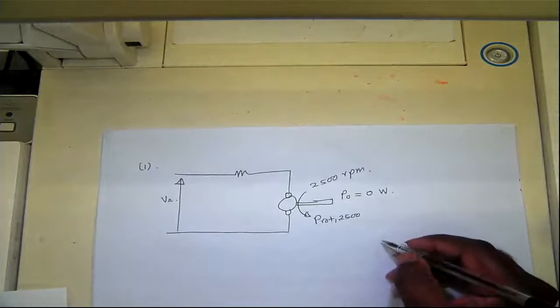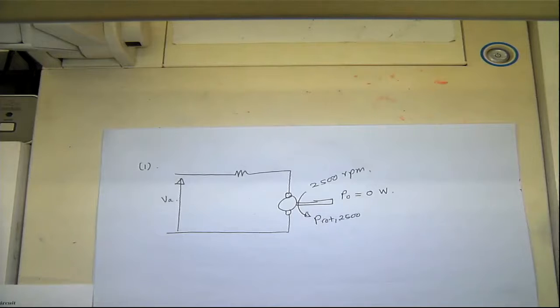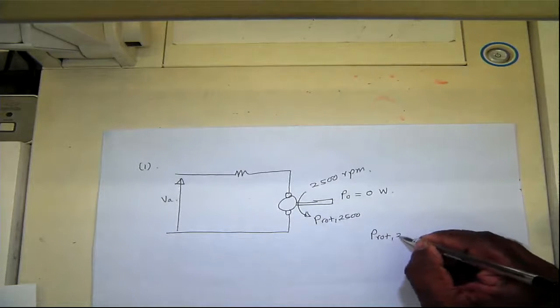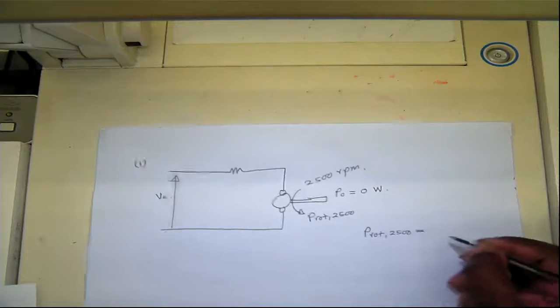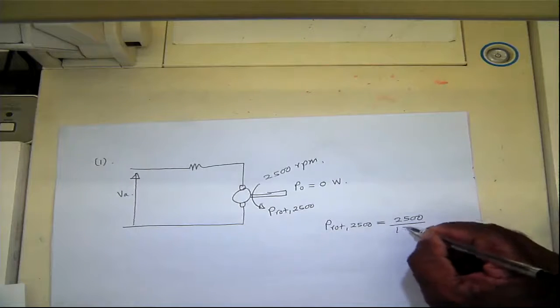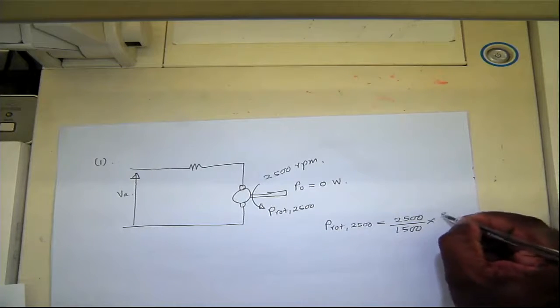From the previous section, the rotational losses at 2500 RPM will be 2500 divided by 1500 times 310.